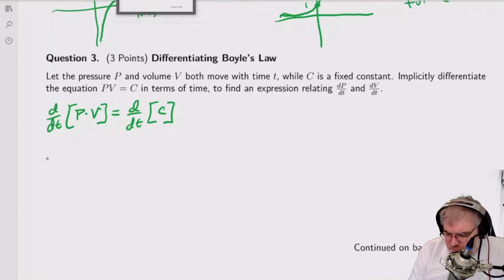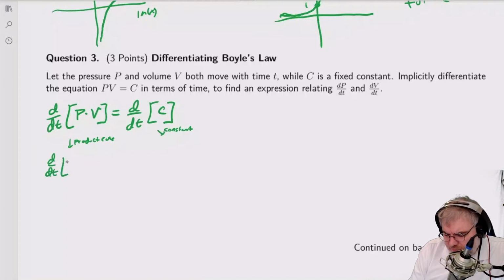So the left side, I'm going to do a product rule. I'm going to get the derivative with respect to t of p times v plus p times the derivative with respect to t of v.